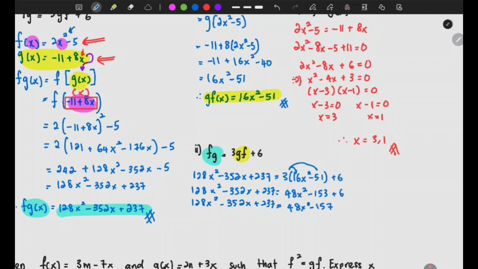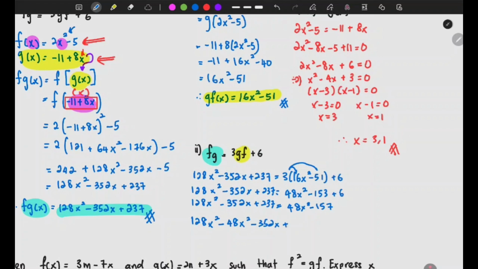So the 128 is bigger, so bring the 48 to the 128 side. So you minus 48x squared and minus 352x, just copy back, and positive 237. The minus 147, if you bring it to this side, it becomes positive, because moving to the other side reverses the sign.